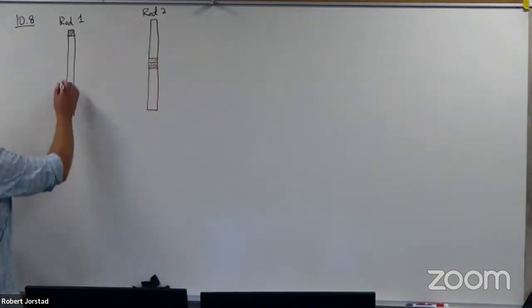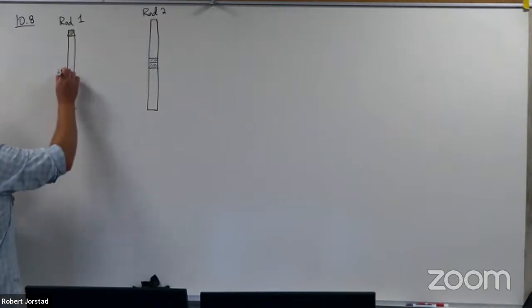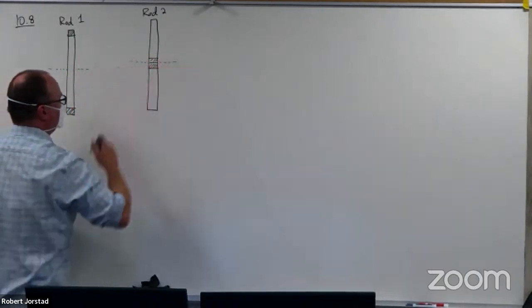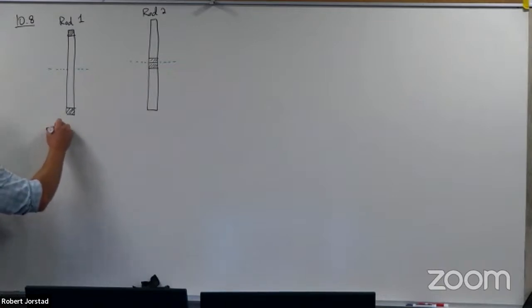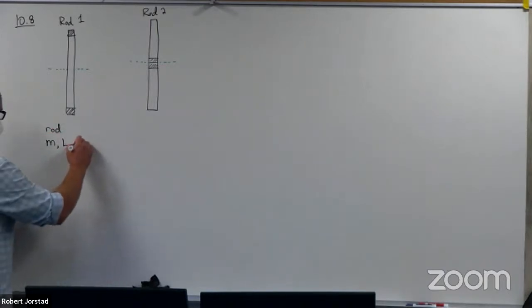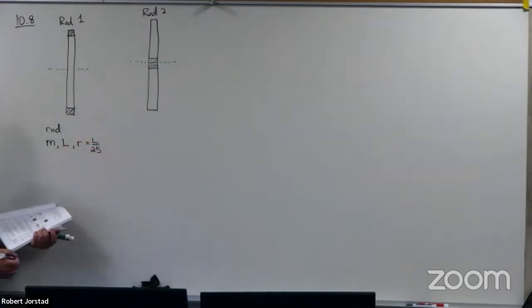And we're going to do an axis through the center. So in this case, I think we know the rod has mass M and length L. And we're told it has a radius of L over 25, in case we need that.